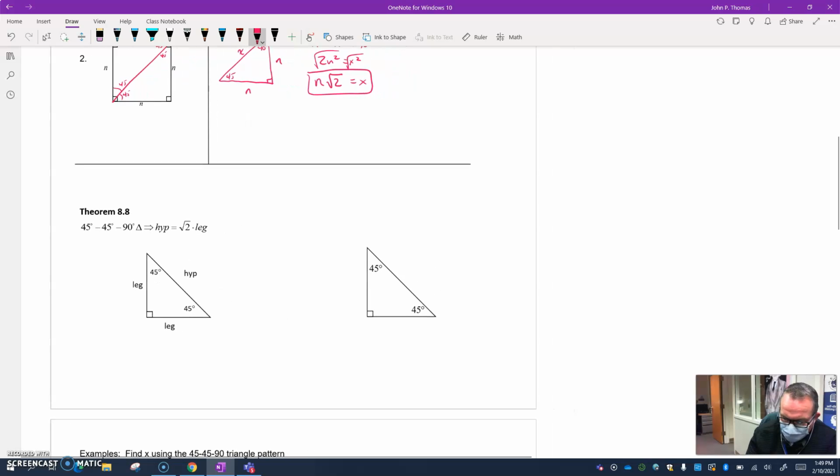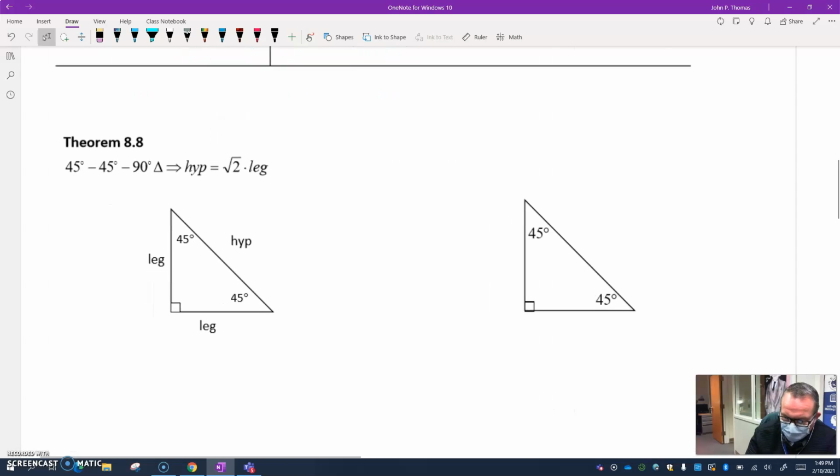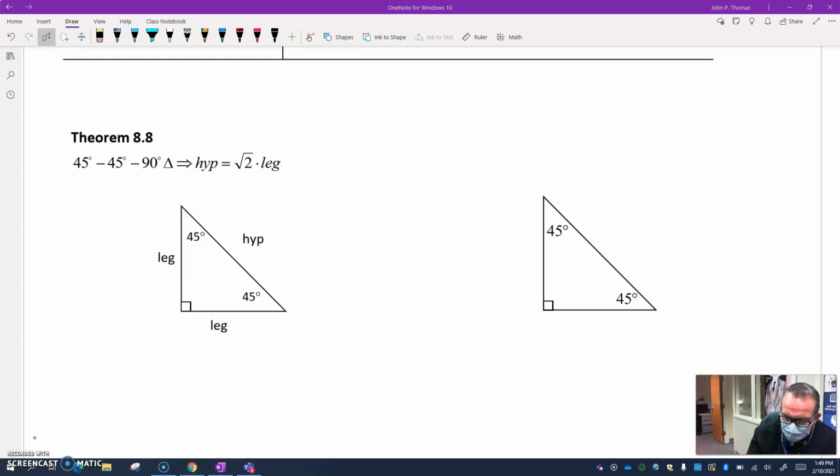So in a 45, 45, 90 triangle, what's always going to happen is the leg and the leg are the same because it's isosceles. So opposite those two angles, the legs have to be the same. And then by Pythagorean theorem, that last side, the hypotenuse, is always going to equal the leg times root 2.